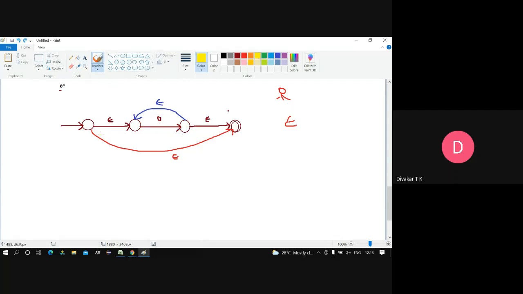Okay, I'll show you once again. I come this side, 1 zero, again I go this side, 2 zeros, again this side, 3 zeros, 4 zeros, any number of zeros you can read. After you are satisfied with reading the desired number of zeros, you can just end like this. So this is the way here.